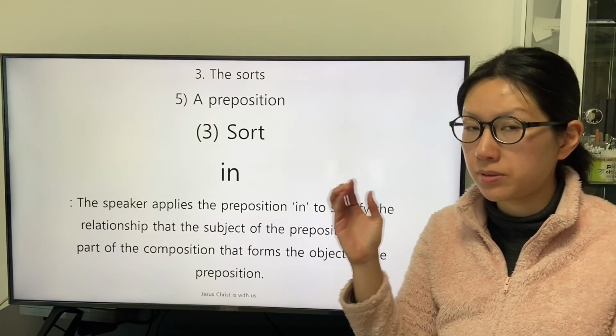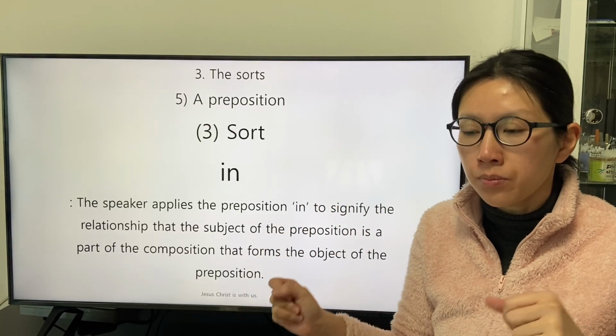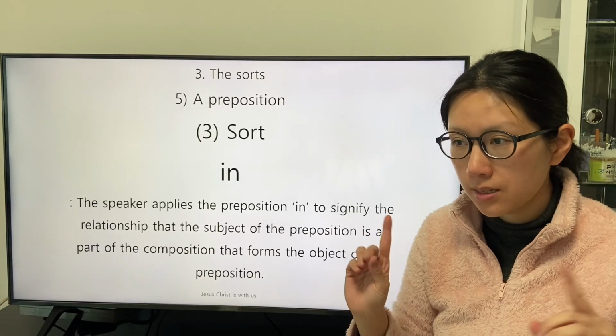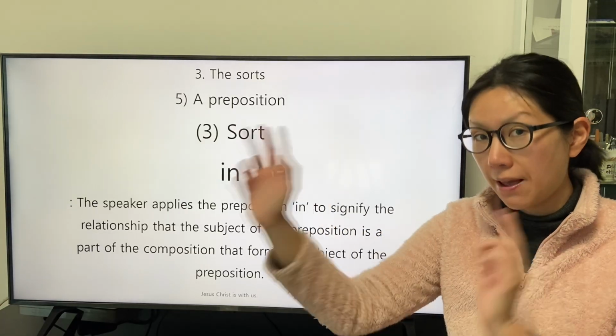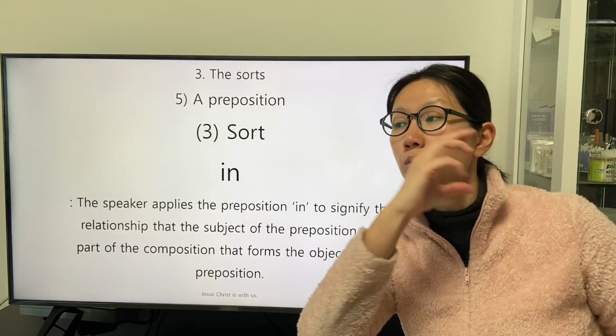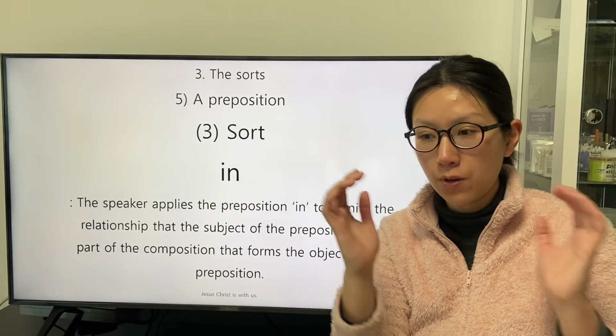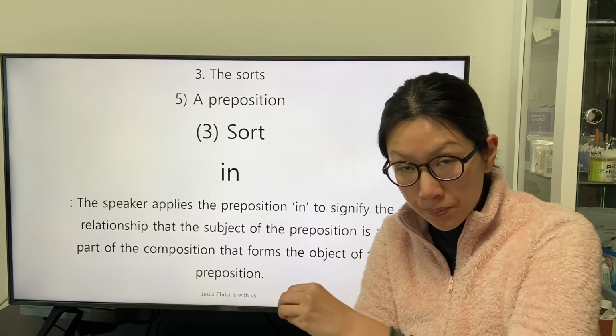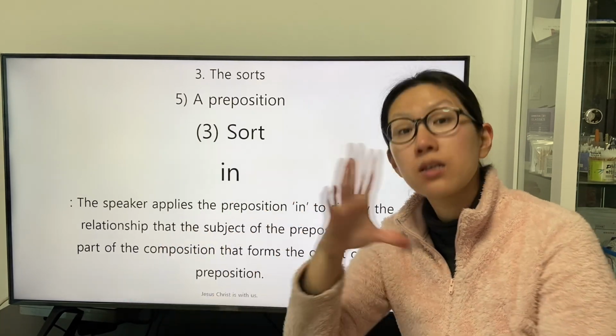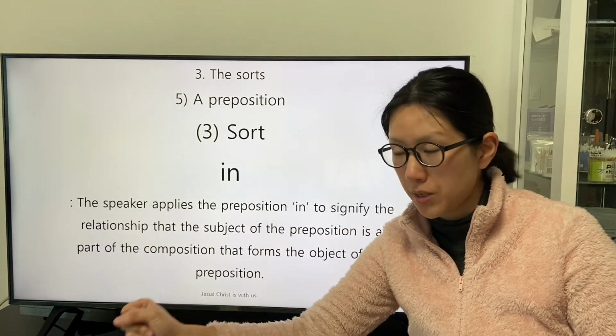So we will apply this way. The subject starts and gives the definition of the preposition to the object. The object receives the definition of the preposition from the subject and the object completes the subject-object relationship.